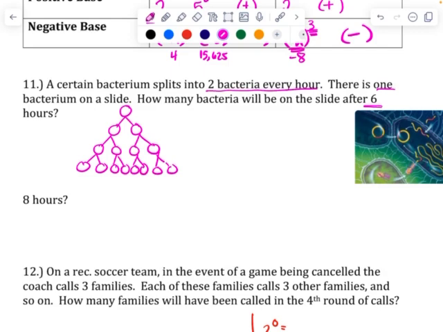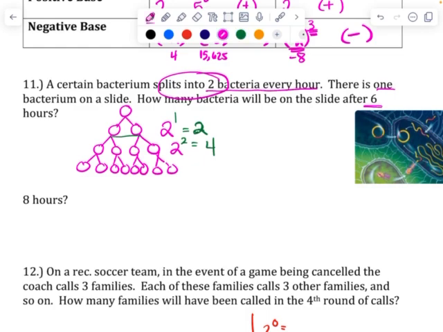So let's think about this. If it splits into 2 bacteria every hour, that's our base. And let's use this first hour as an example. Well, first hour, 2 to the 1st equals 2. So that's why I have 2 bacterium. The second hour, 2 to the 2nd equals 4.